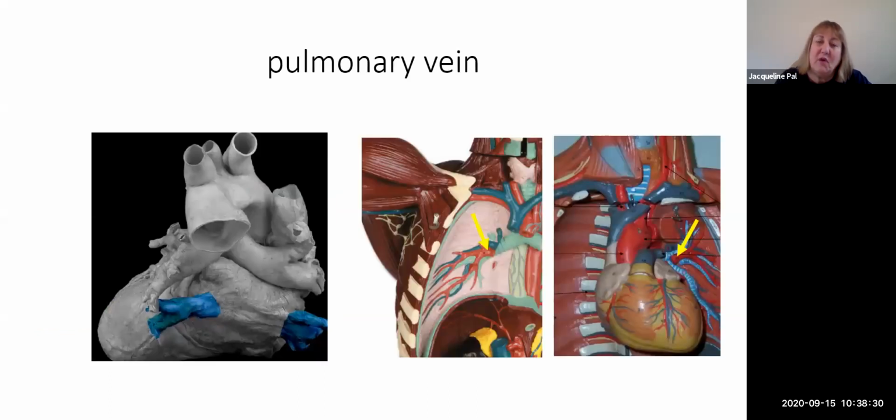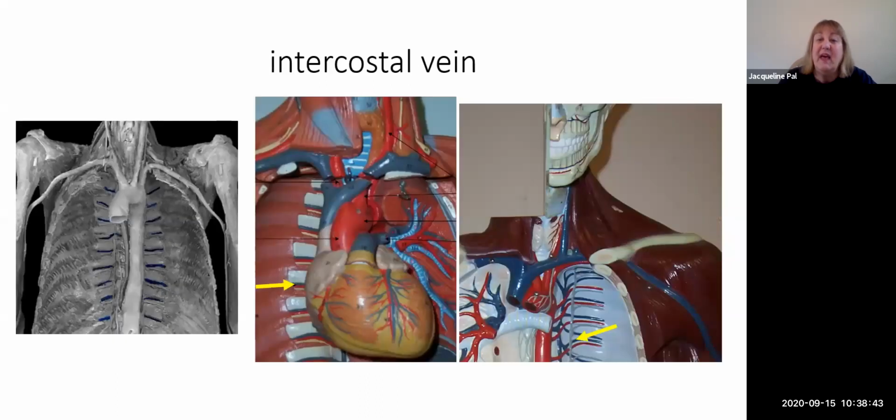Don't forget, we also have a pulmonary vein in the chest, and because this is carrying oxygenated blood from the lungs back to the heart, it will be red in appearance, even though it is a vein. Adjacent to the intercostal arteries, we will have intercostal veins.